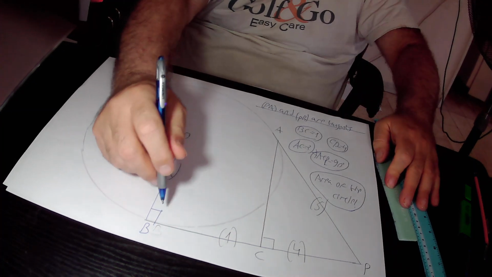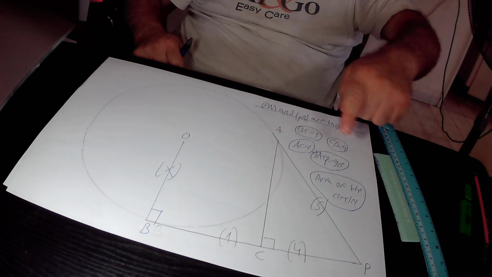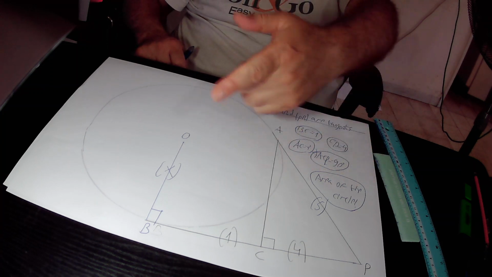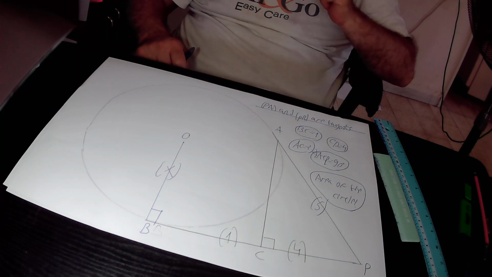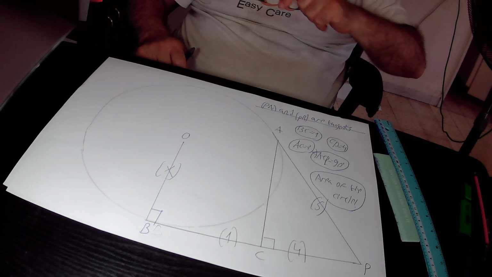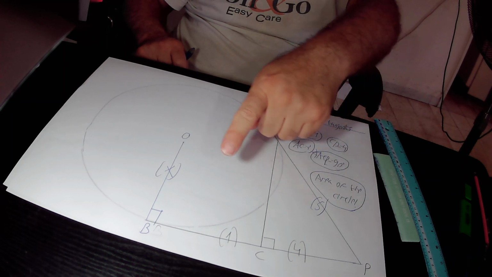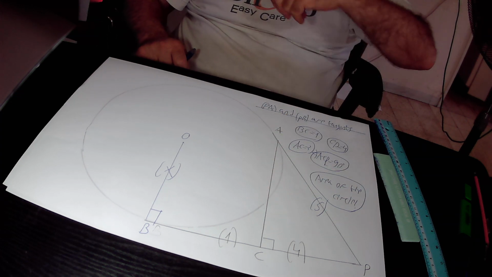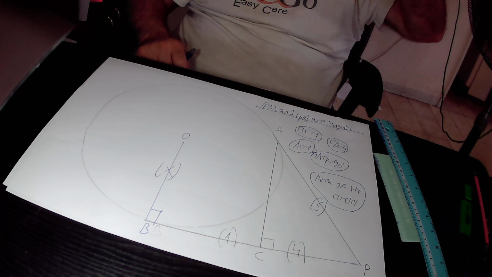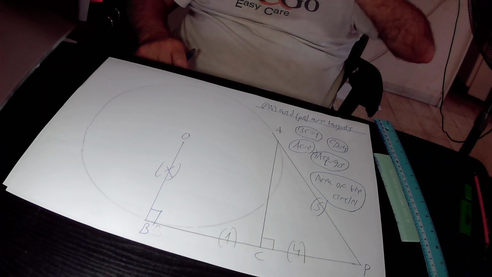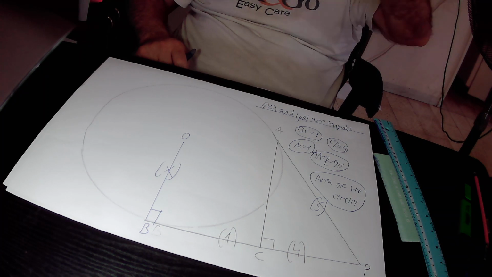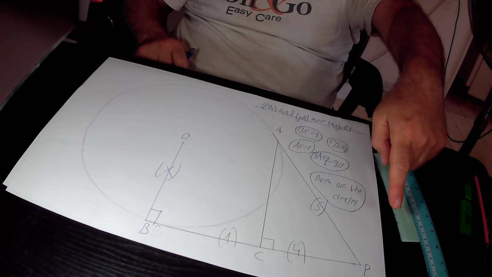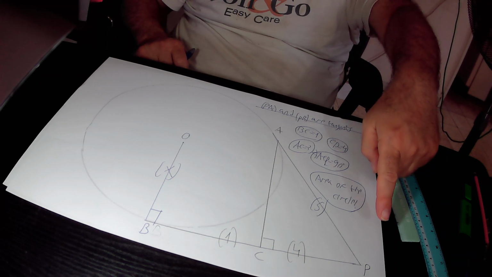It is given in the question that PA and PB are tangent to this circle. So PB is a tangent, it is absolutely a straight line. So if you focus on the upper side of the straight line PB at point C, here the sum of the angles must be equal to 180 degrees according to rule 3, that says that the sum of the angles on one side of a straight line is equal to 180 degrees.